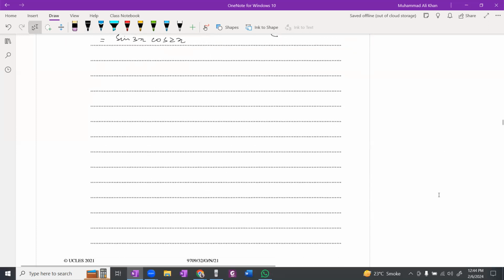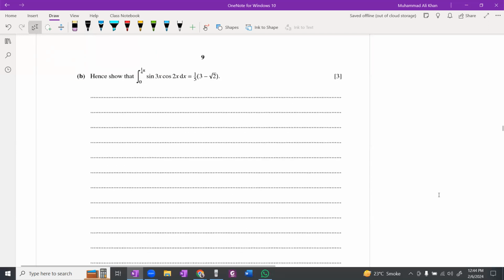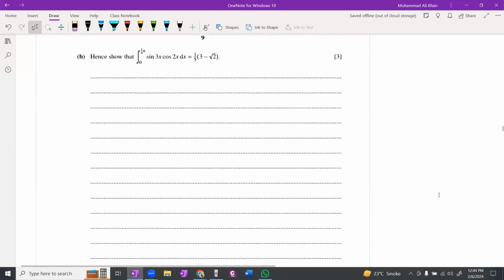Now, after that, in the next part, we have to integrate this sin 3x cos 2x equals to something. Now, as we know that sin 3x cos 2x, according to part 1, is equal to half of sin 5x plus sin x.